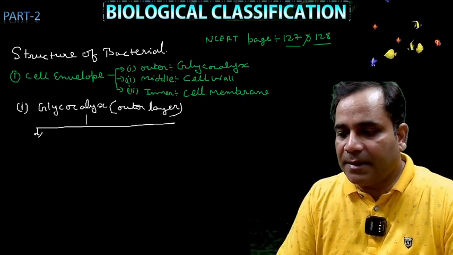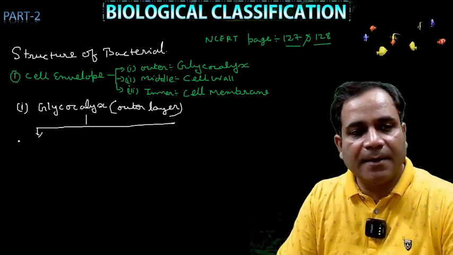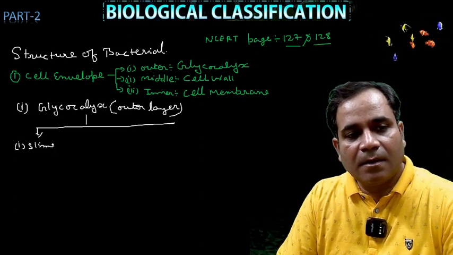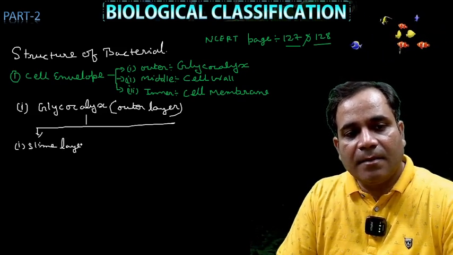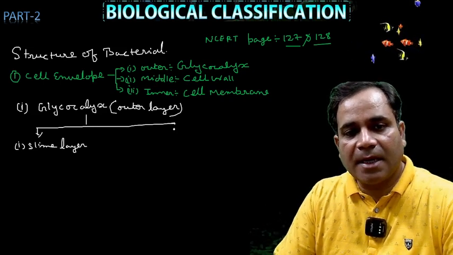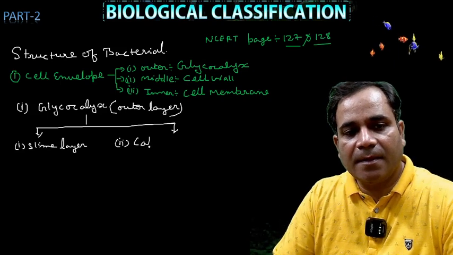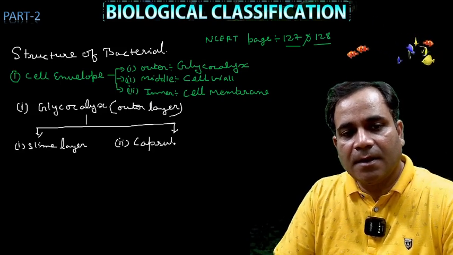Number one is the slime layer. And the second one is the capsule. If they have a capsule, then it's called capsulated, otherwise not capsulated.